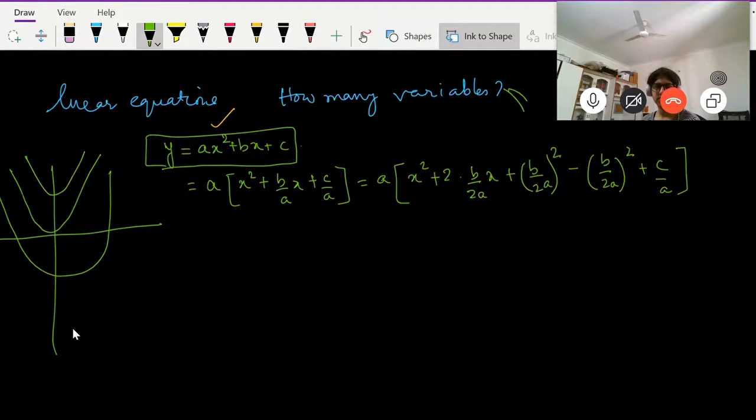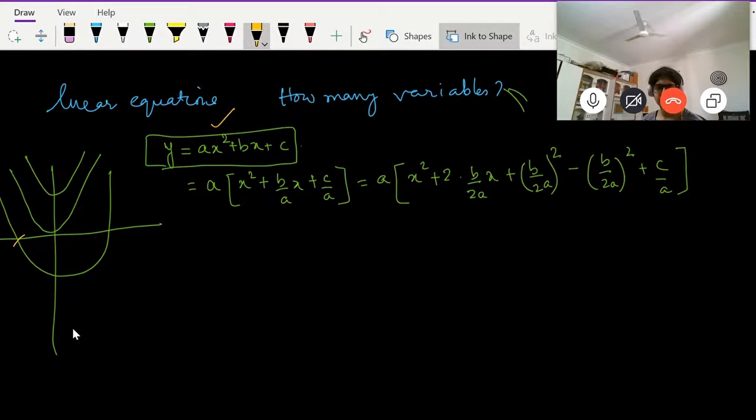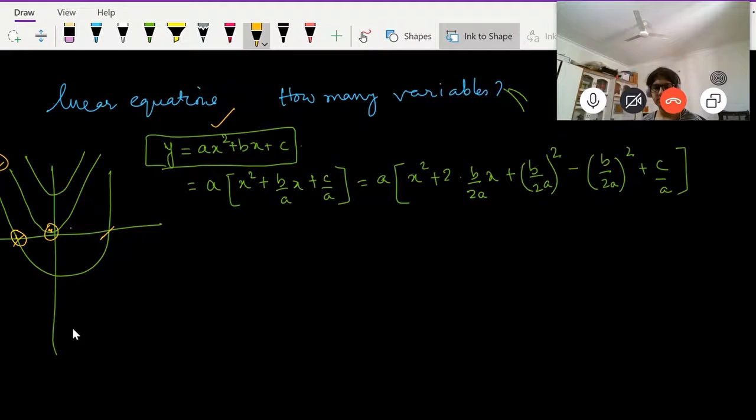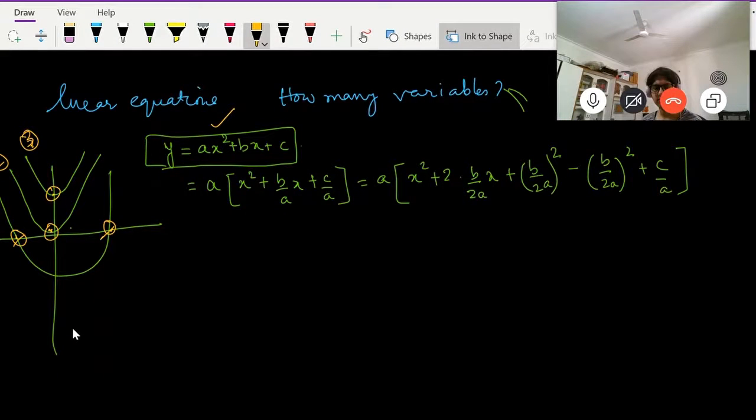These are the three possibilities, right? So if it is case 1, then I'll have two points of intersection, meaning two roots, right? If it is the second case, then I will have only one root, right? And if it is the third case, then I will not have any roots because it is not touching the x-axis at all, right?